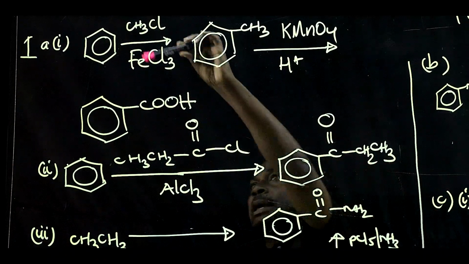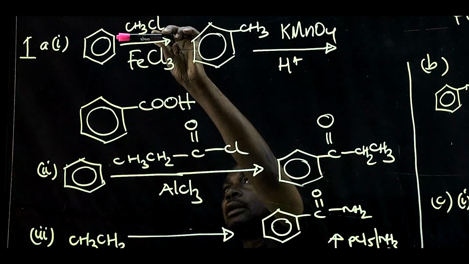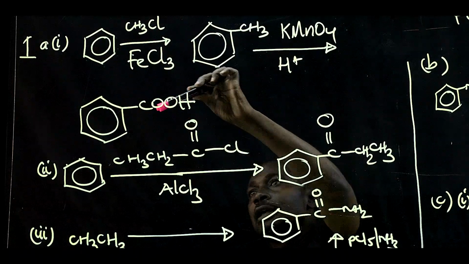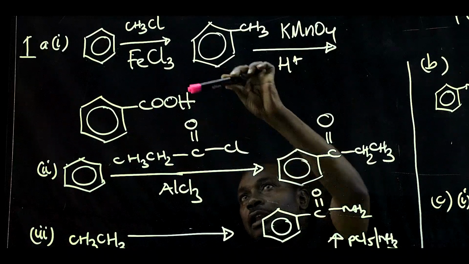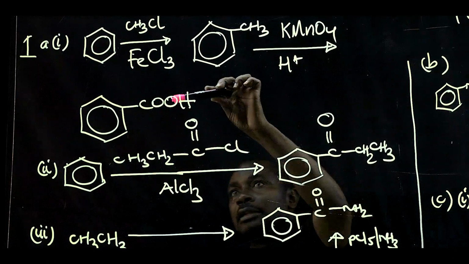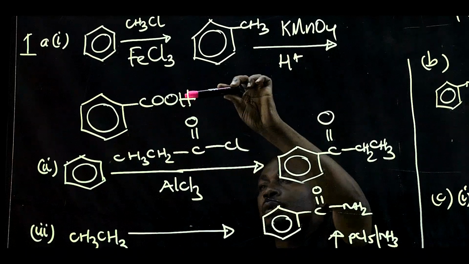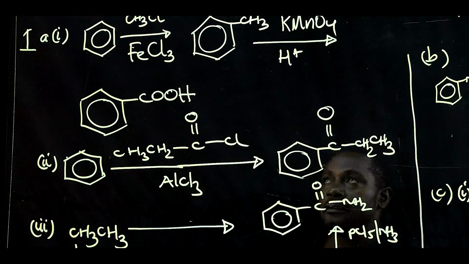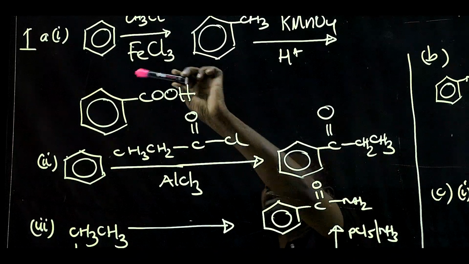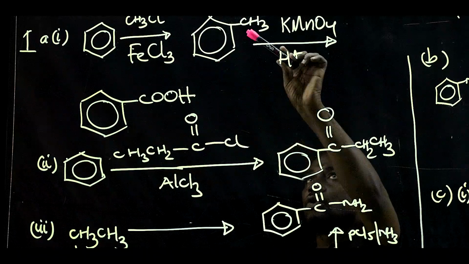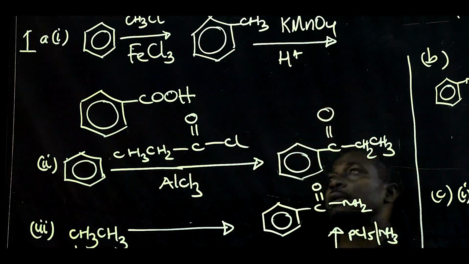For example, when a benzene molecule is converted into benzene carboxylic acid, there is addition of a carboxyl group. So let me discuss how to add this carboxyl group into the benzene molecule. First, let me try to convert benzene through addition of only one carbon.